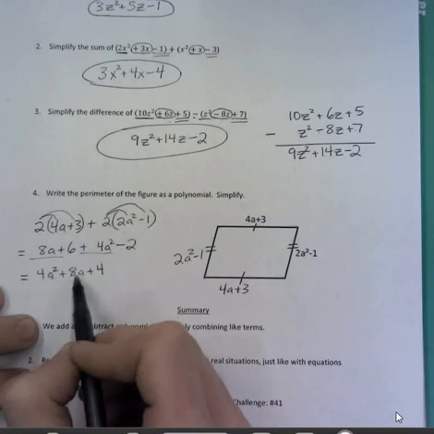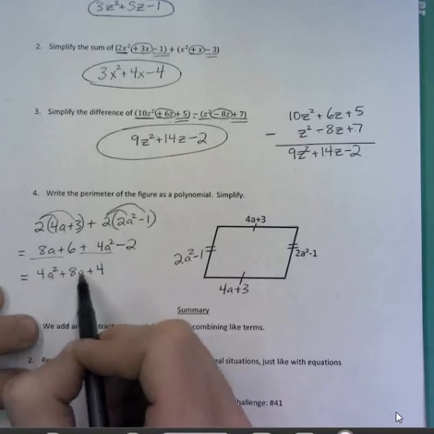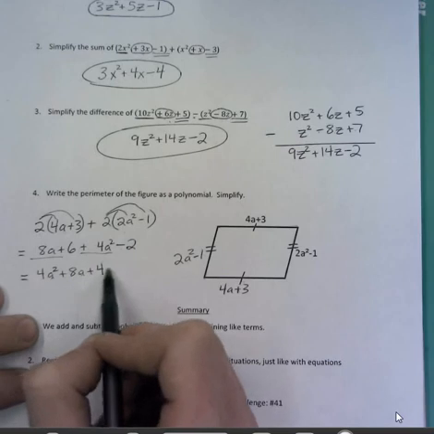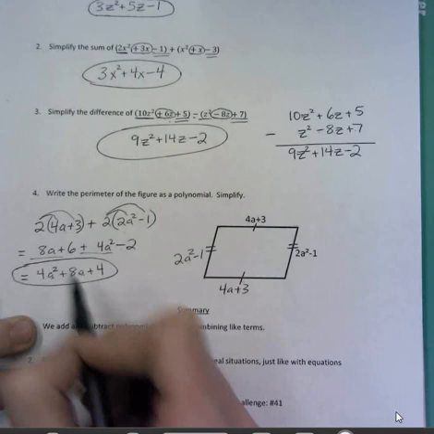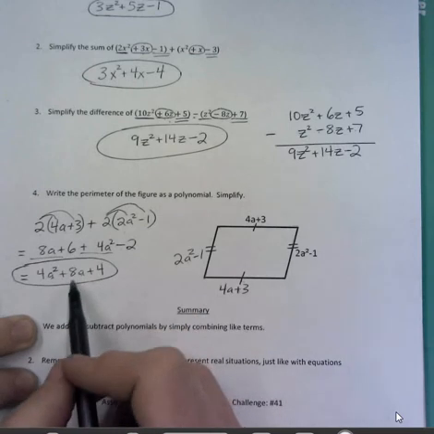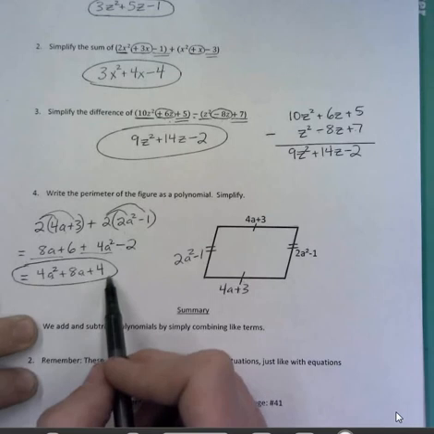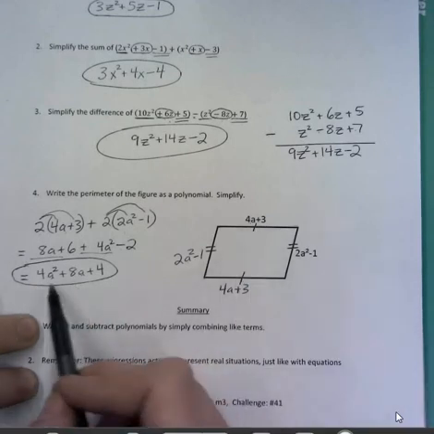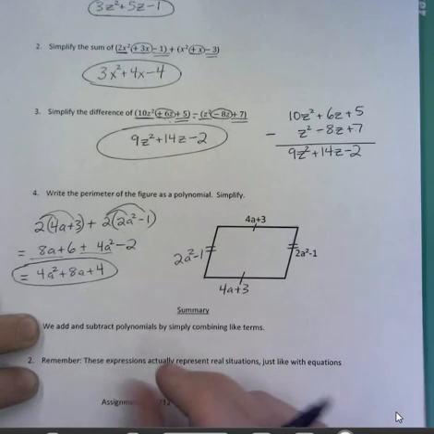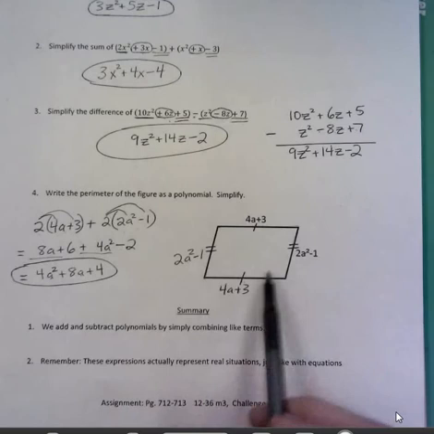And we usually put the largest exponent first, the next largest exponent second, all the way down to the terms that do not have exponents. So right here, you have written the perimeter of this figure as simply as possible, okay? And once we're given a value for a, we can simply plug it in, and we'll have our perimeter, okay? And since there are no units, you don't have to label the units here.